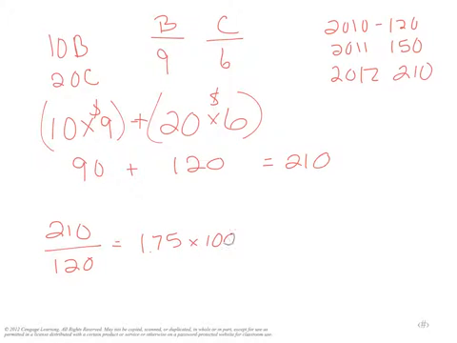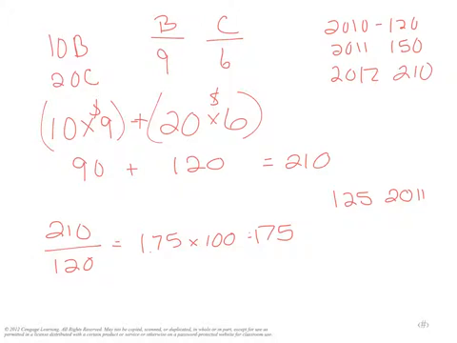Times 100, so 175 would be the amount of the basis points. So I could say from 2010 to 2012 prices went up 75%, but that's not what it's asking me. It's asking me to compute the inflation rate. So I do need the basis points from the previous year, and that was 125 for 2011.